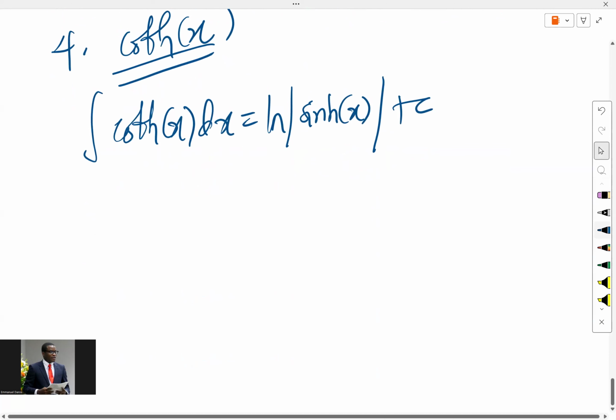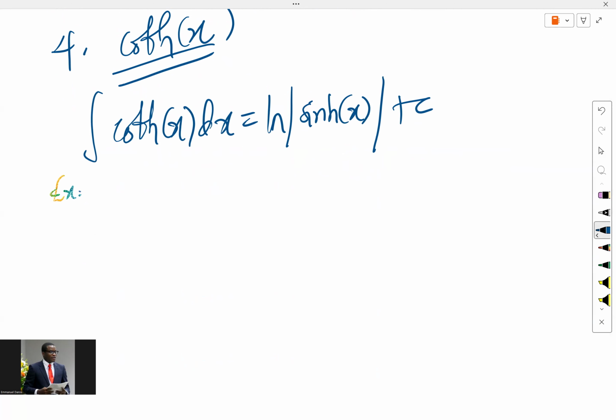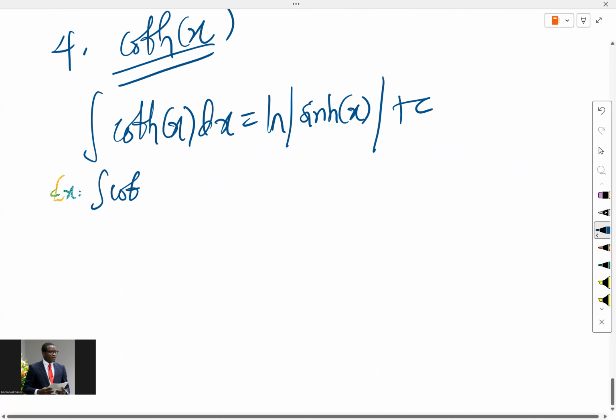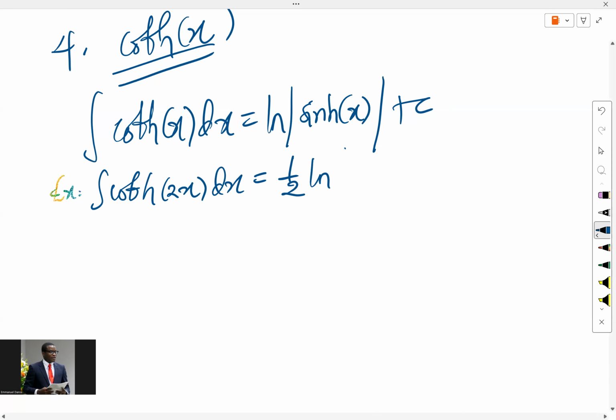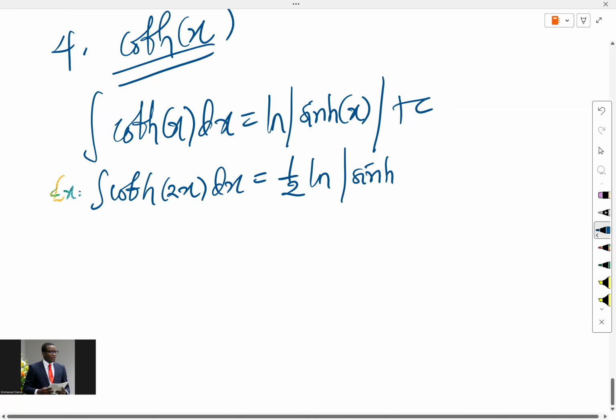And then for cot, imagine that you have the integral of cot 2x dx. So that'll simply be 1 over 2 ln of the absolute value of sin 2x plus c.